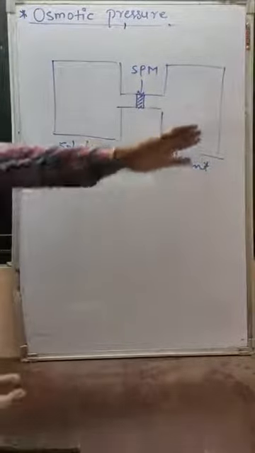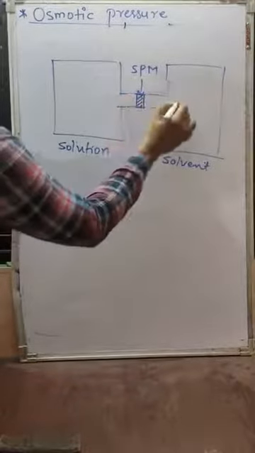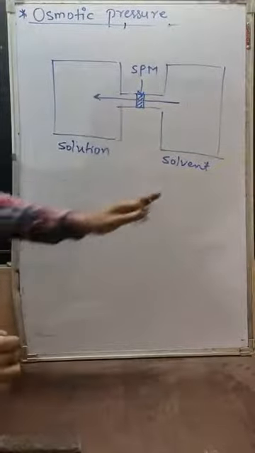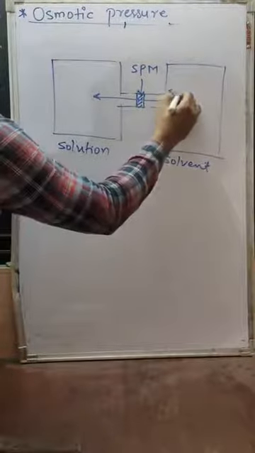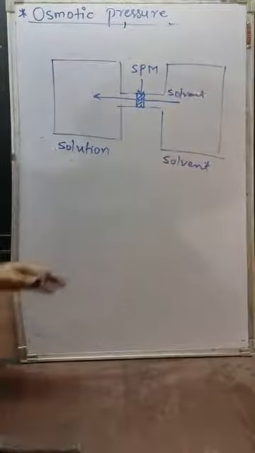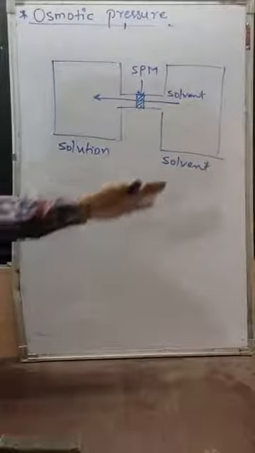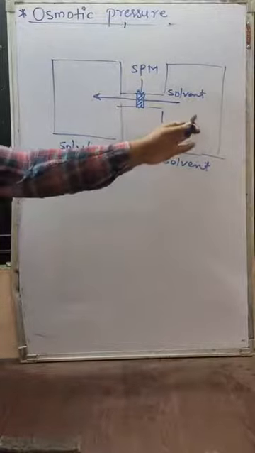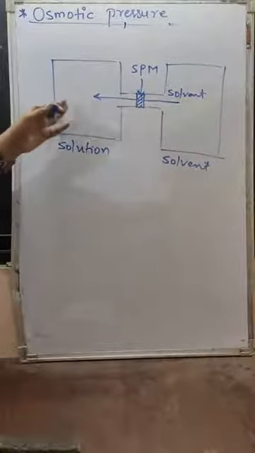So osmosis will take place here. What will flow? The flow of solvent molecule into the solution. The solvent molecule will flow from solvent to the solution side, because the concentration of solvent is more here and less here.